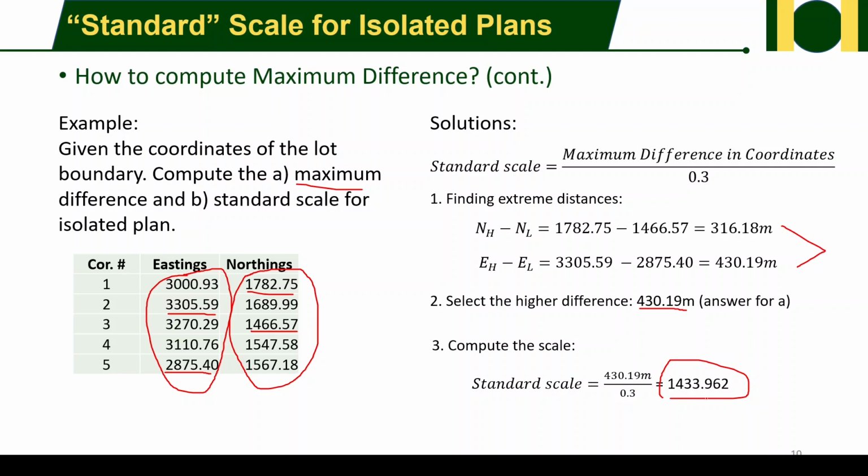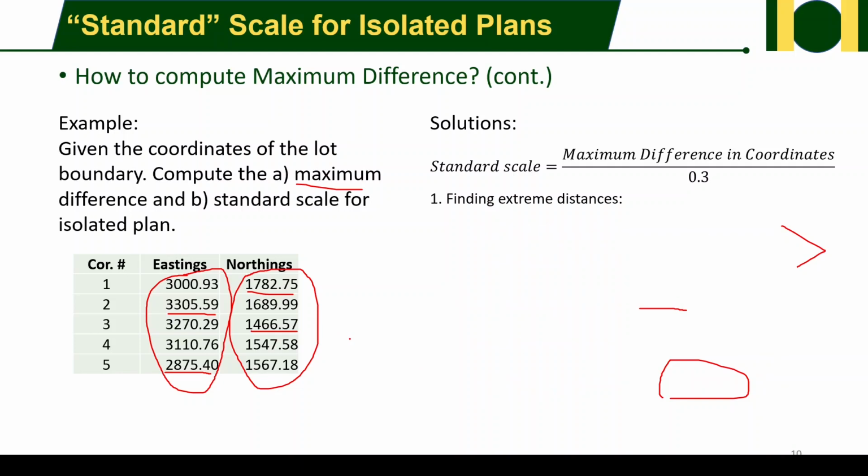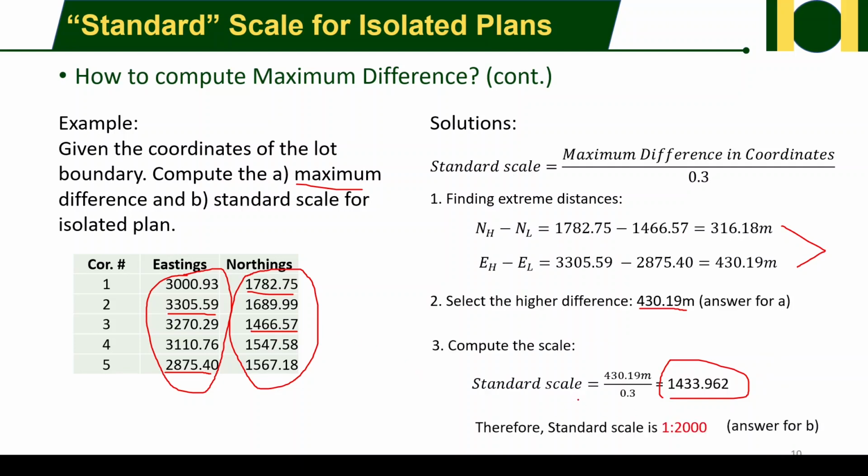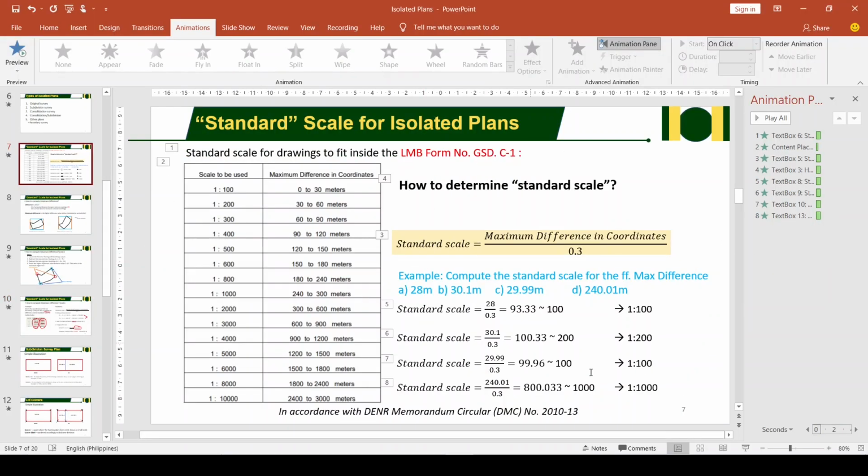If we look back at the table, 1400 is somewhere here. Where is it?